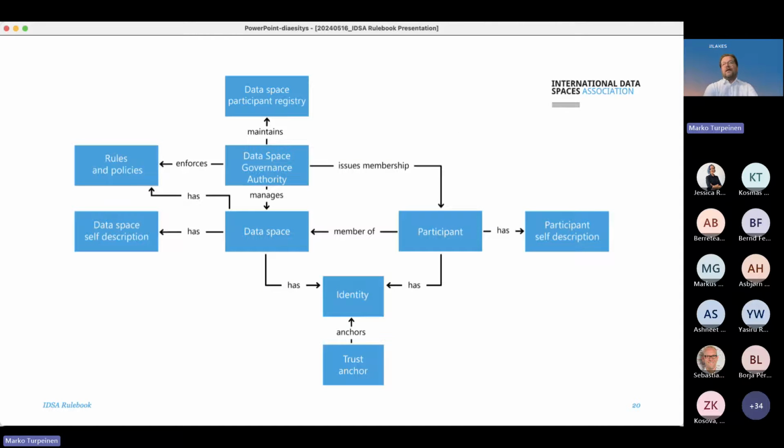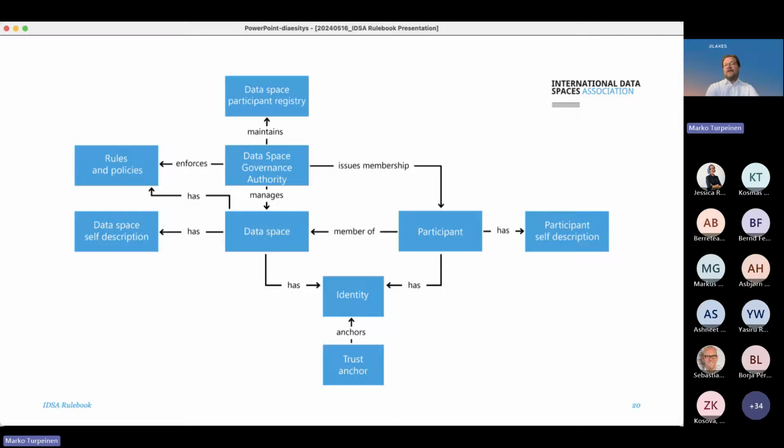And I think this picture may also explain the story a little bit in more depth. In the middle, the data space governance authority maintains the registry of participants and manages the data space. That includes issuing memberships to participants who have this self-description, and then they become members of the data space.